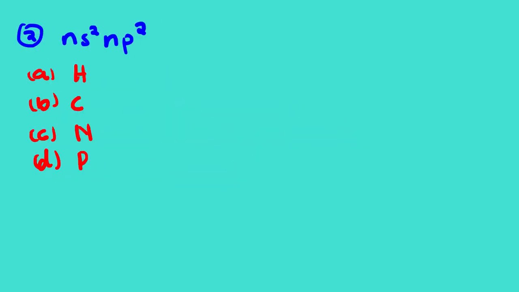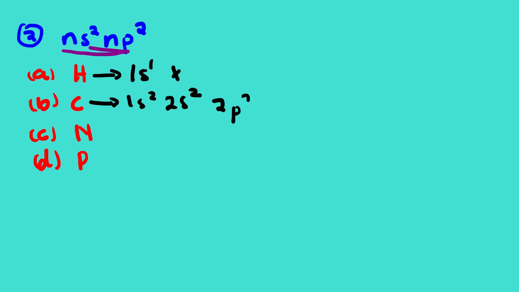Which one of the following actually has the outer electronic configuration of this? Well, hydrogen is the first element, 1s1, cannot be. The second element, which is carbon, we have 1s2 2s2 and 2p2. Now we can see that this one is actually the element that we're looking for. But let us verify by checking the other ones.